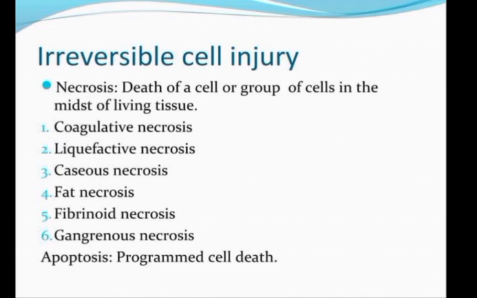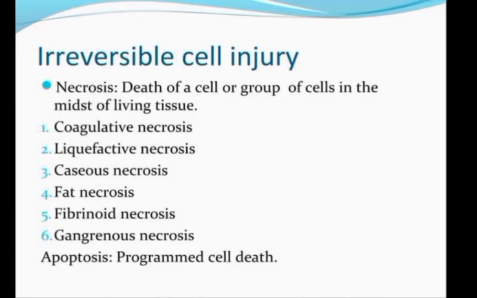Effects on different cell types: there are two types, proliferating cells and non-proliferating cells. In proliferating cells, DNA replication is inhibited and the cell undergoes apoptosis, meaning programmed cell death. In non-proliferating cells, DNA synthesis is inhibited, membrane damage predominates, and the cell dies by necrosis.